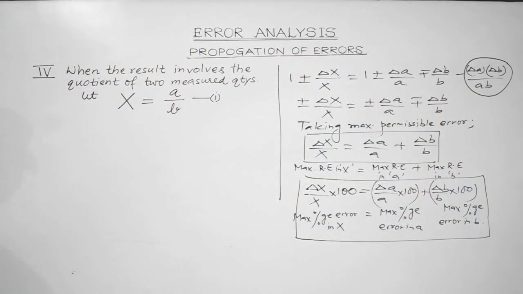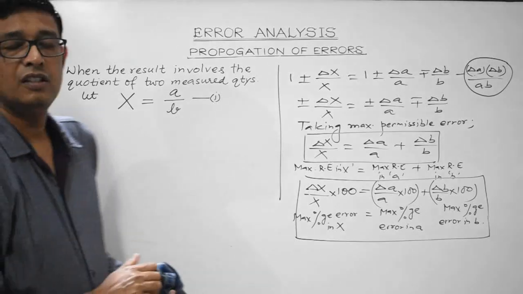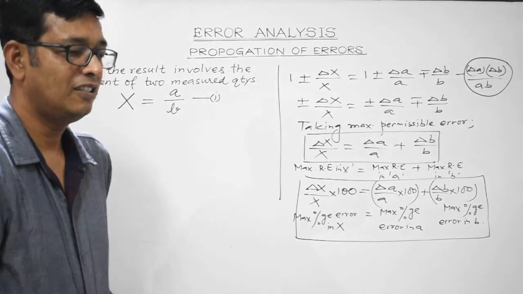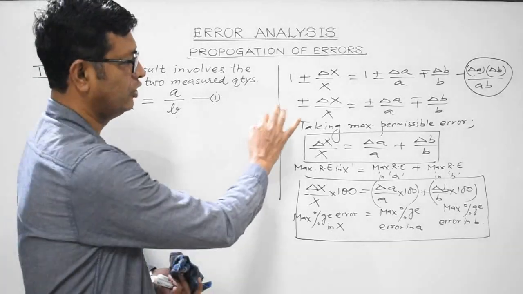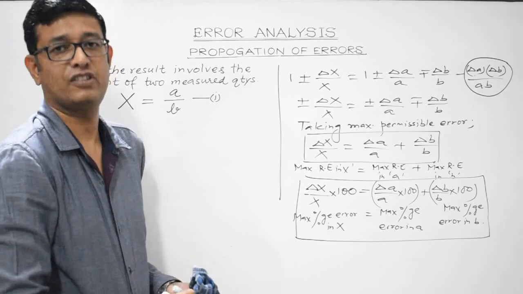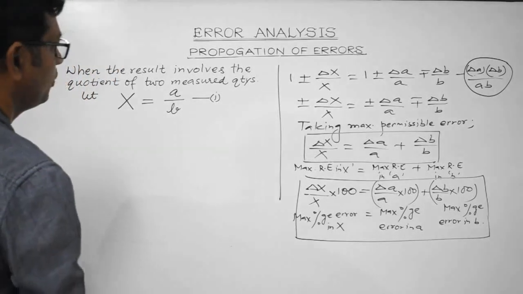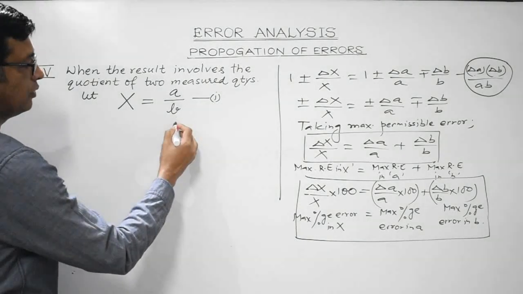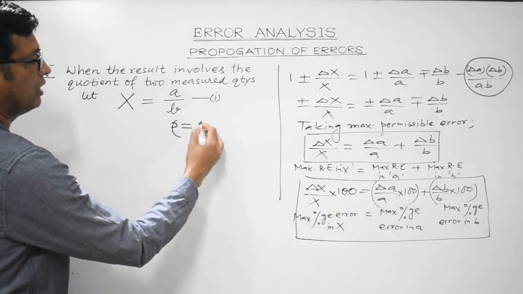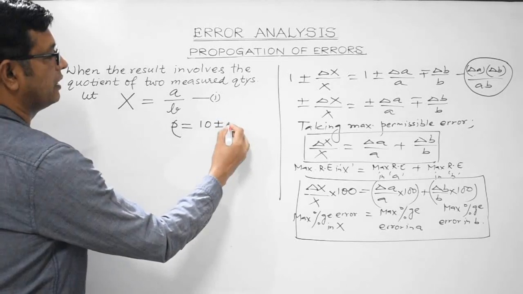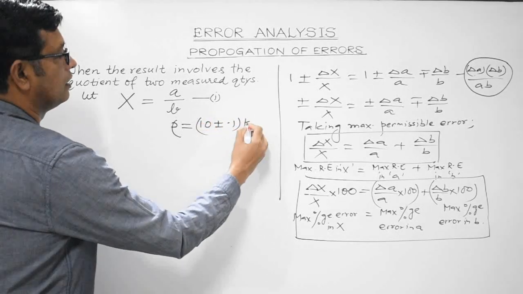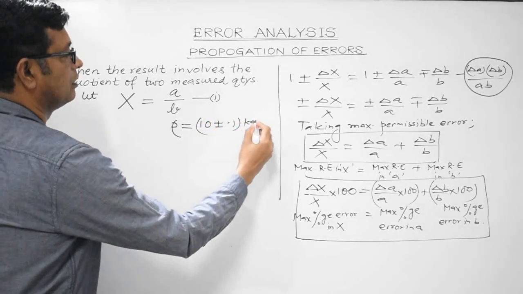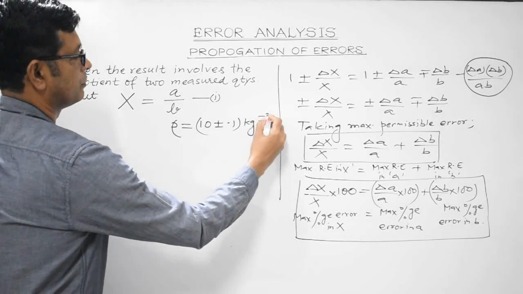Okay, before proceeding with the fifth article, let's try a numerical based on this, right? Let us do it. Suppose the density of a body is measured to be 10 plus minus 0.1 kg per meter cube.